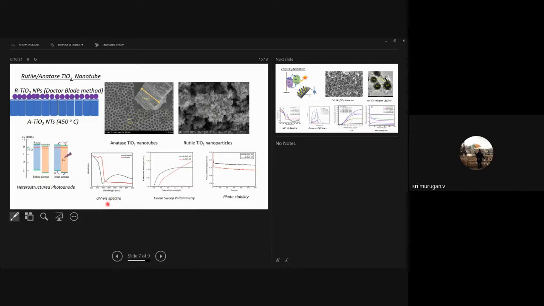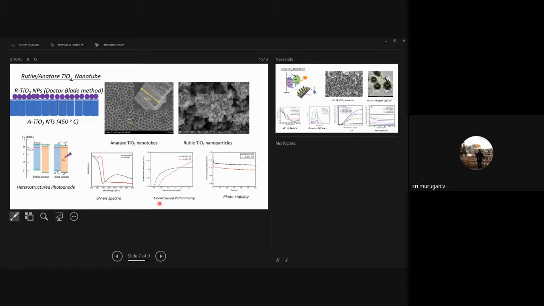So you can see the UV absorption spectra. This anatase will cover up to some 390 nanometers, whereas rutile extends its absorption range slightly, up to the 440 range. That is more evidence. We have also conducted some experiments, and they are recorded here.